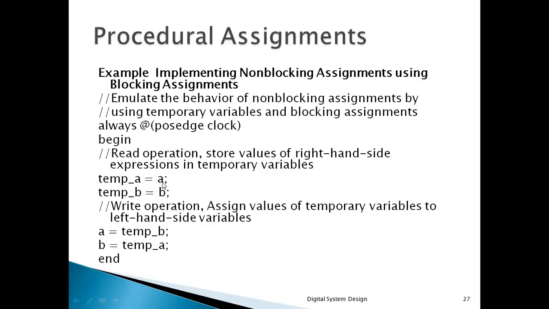Here first we store A in temporary variable A and store B to temporary variable B, and after that we use these commands so that no race condition will occur and a proper swap operation will be performed.